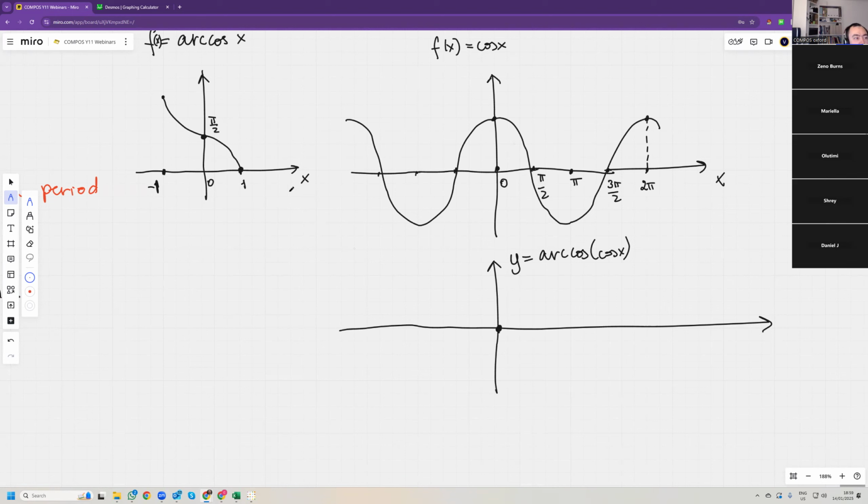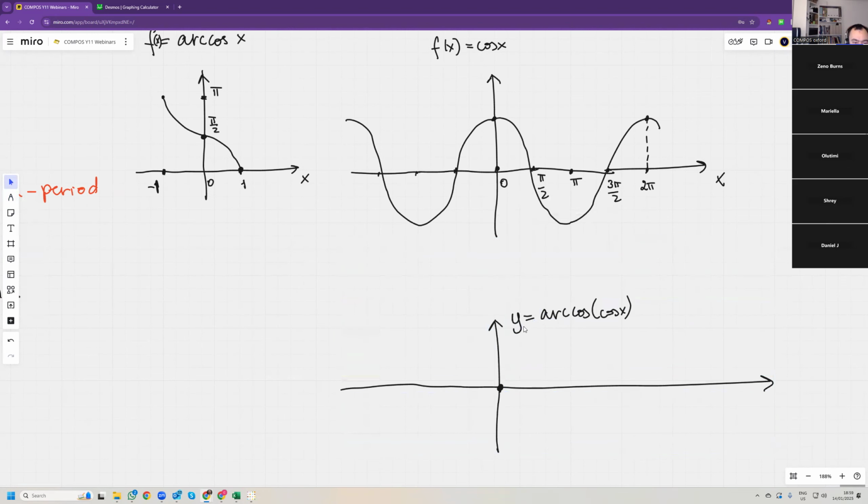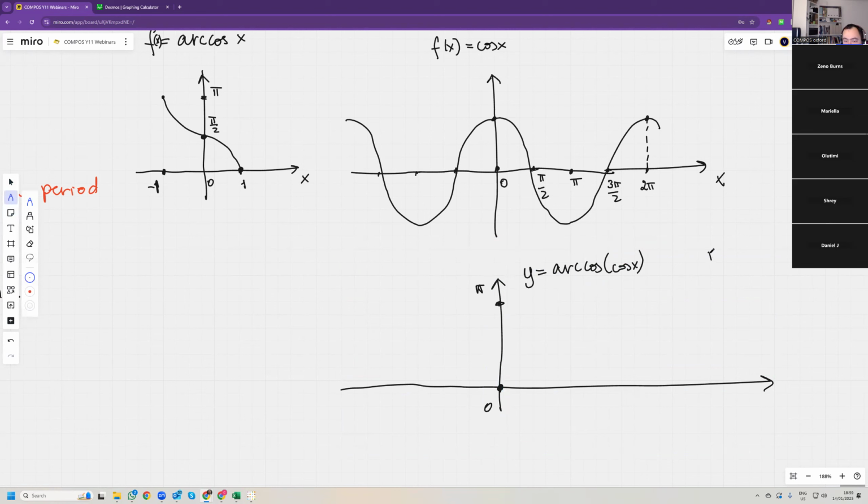Arc cos has a range from 0 to pi, so we expect this to also have a range from 0 to pi.